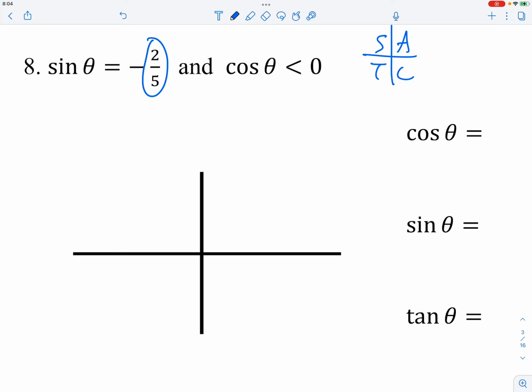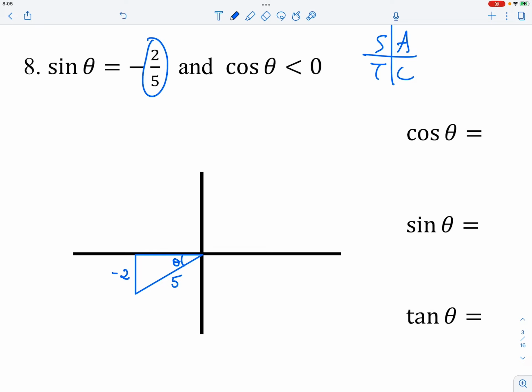That means the ratio of the opposite over hypotenuse will be 2 over 5. So think about that, and that's negative 2 because it's going down. It's a negative y-axis, and this is the theta.